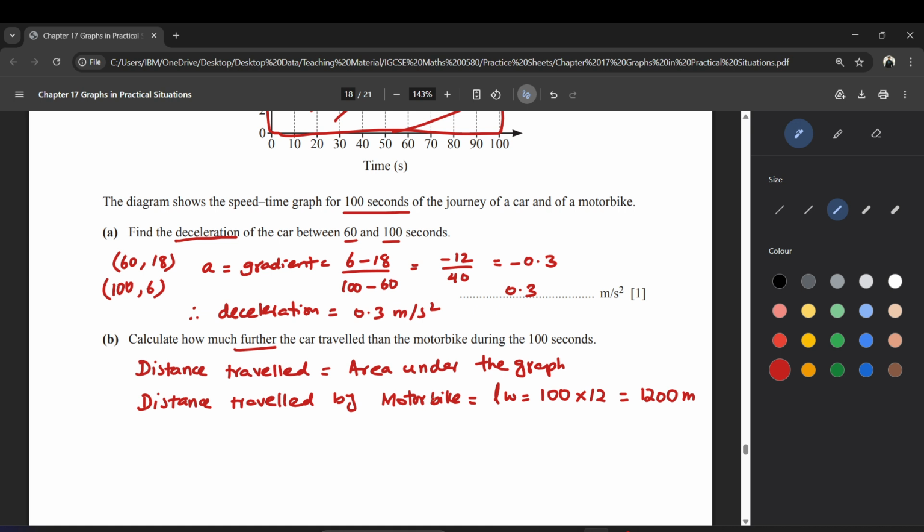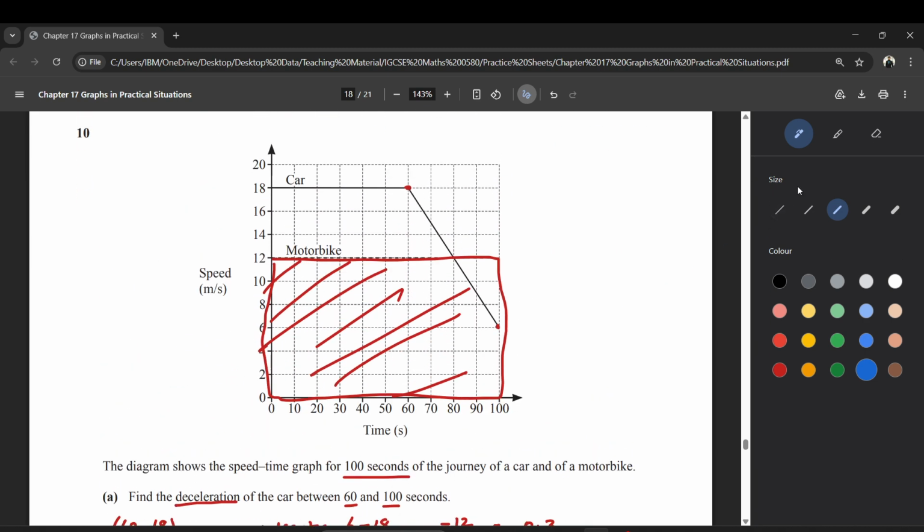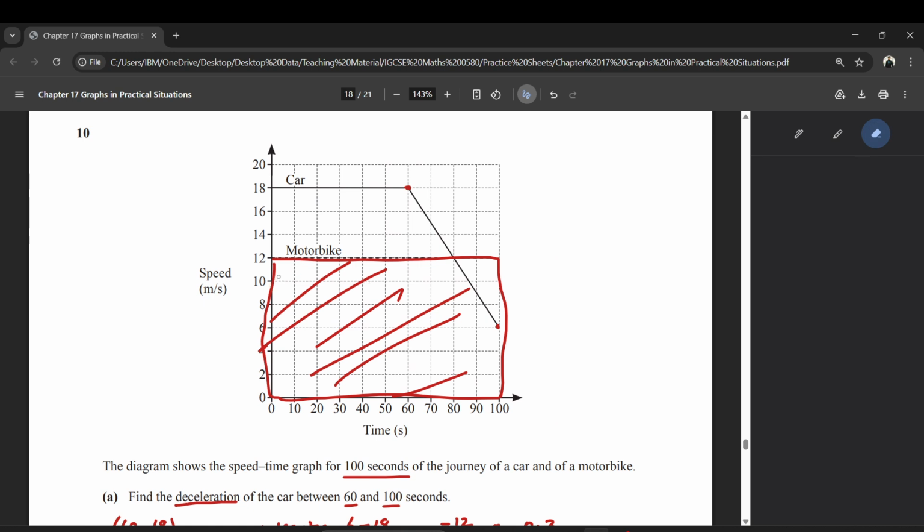Okay, now distance traveled by the car. Now the distance traveled by the car, if we look over here, let me erase this part.